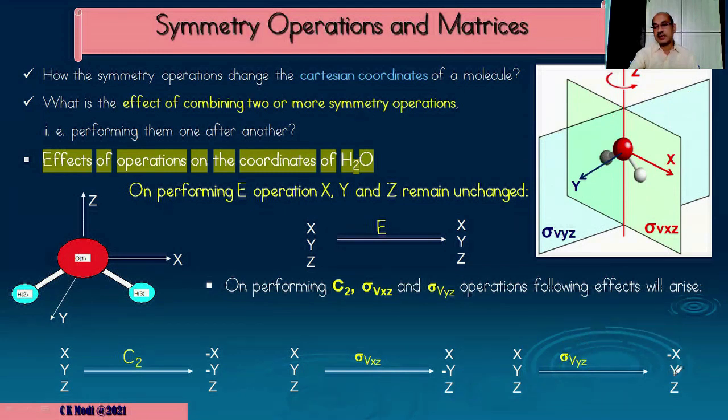Therefore, their positions remain as they are. However, x is perpendicular to that plane, so where will its mirror image be found? On the back side. So x becomes minus x. Therefore, after putting the sigma v yz plane on the molecule, only x is changed, while y and z remain as they are.